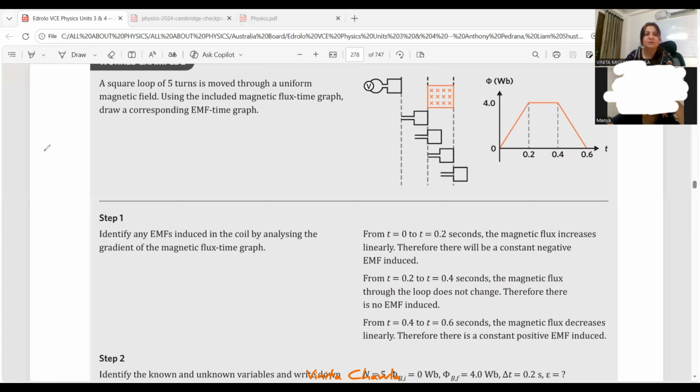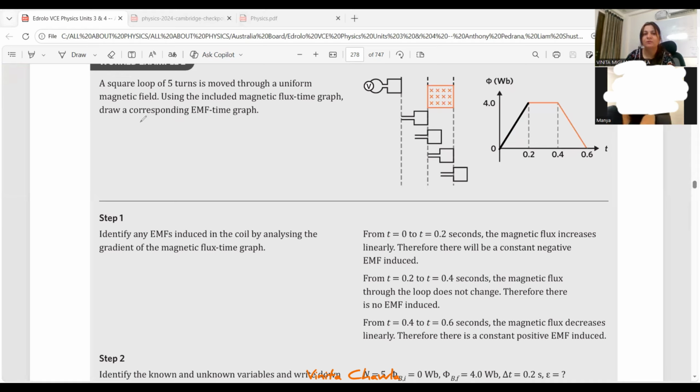See, in the first case, from 0 to 0.2 second, we have an increasing slope, right? So magnetic flux, you can see it is changing with time. At t equal to 0, flux was 0 Weber, and after 0.2 second, flux has become 4 Weber.